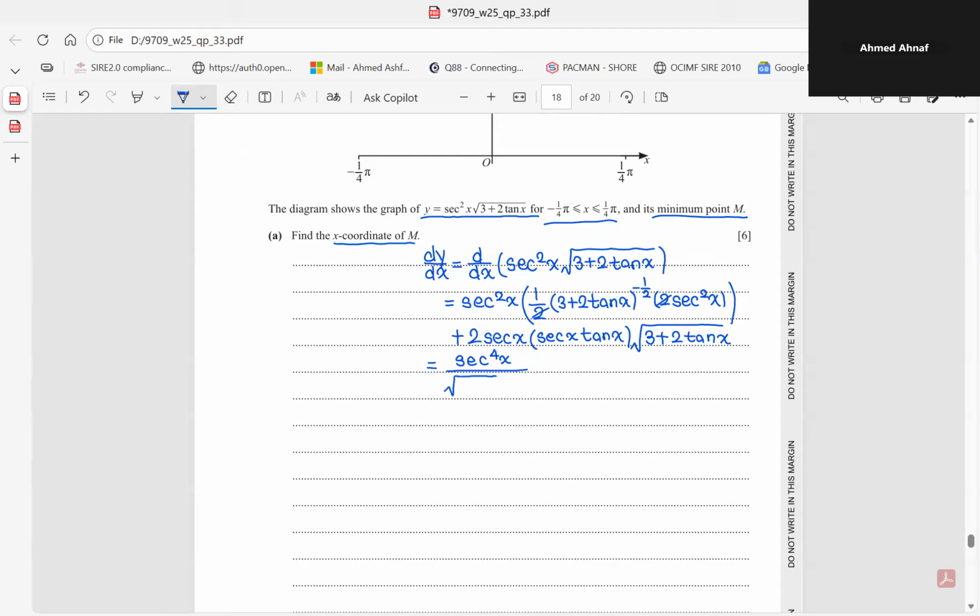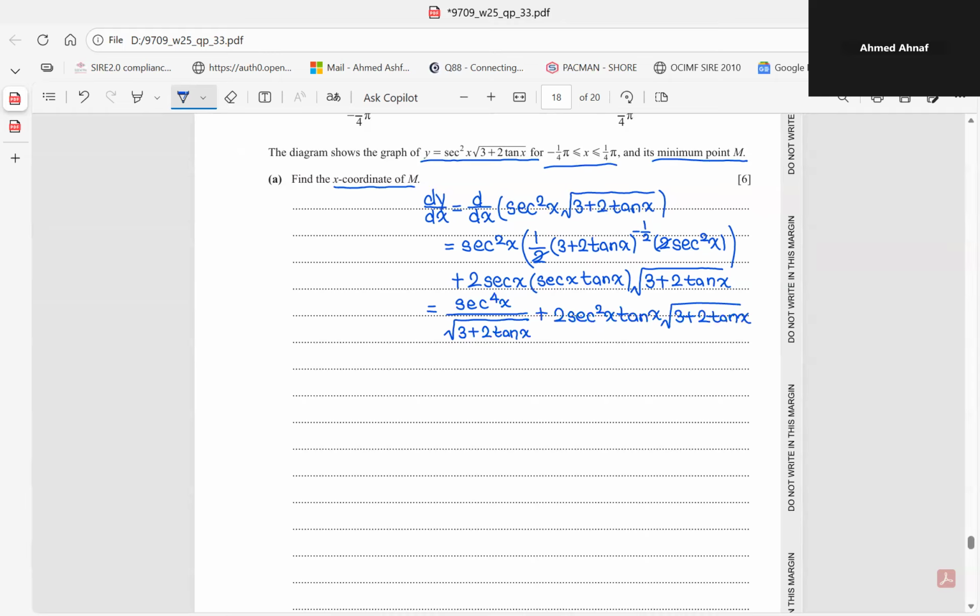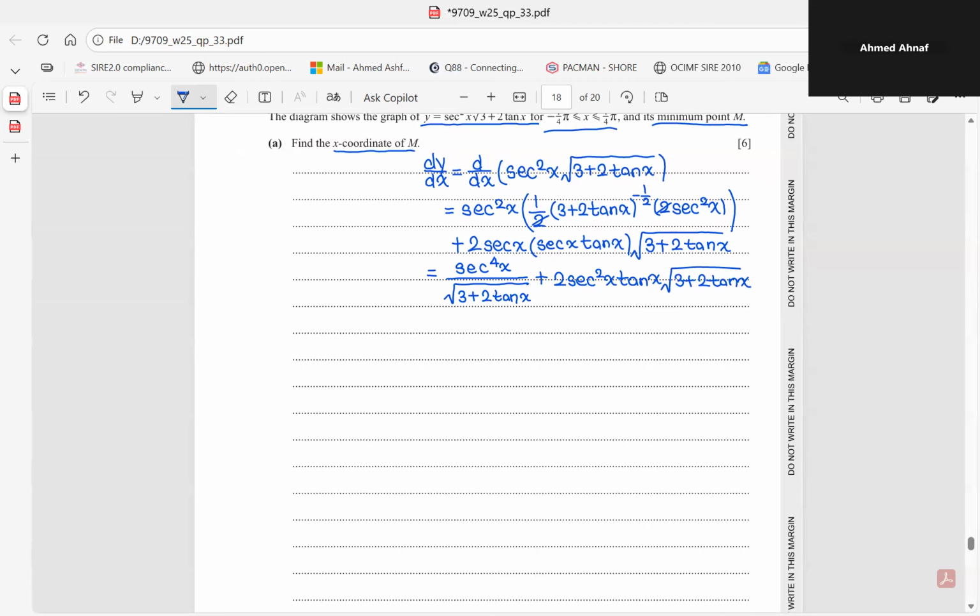So it becomes secant to the power 4 x over the square root of 3 plus 2 tangent x, and then plus 2 secant x times secant x, so 2 secant square x tangent x times square root of 3 plus 2 tangent x. Okay, so now we'll make dy/dx equal to 0.